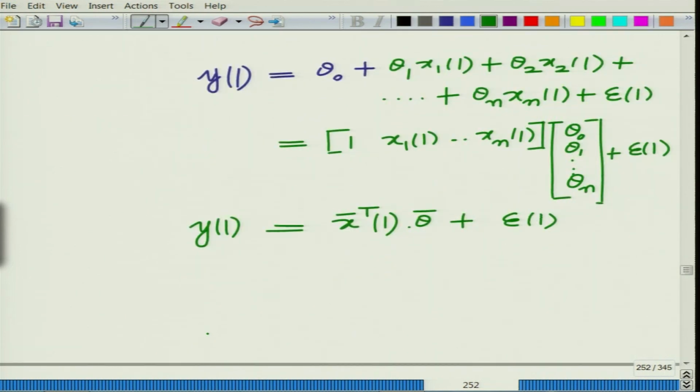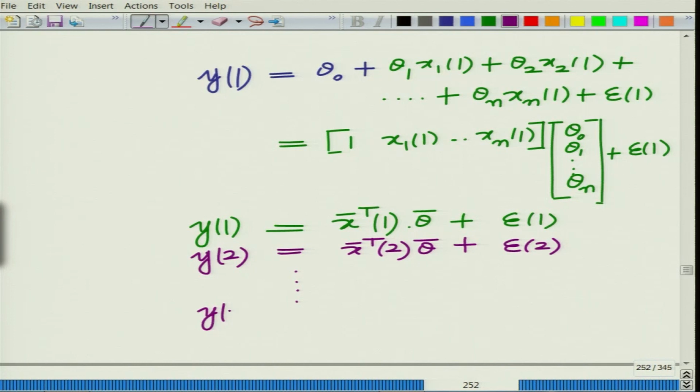Okay. Similarly, one can express y2 as x bar transpose 2 theta bar plus the error, and ym, the mth point, as x bar transpose m.